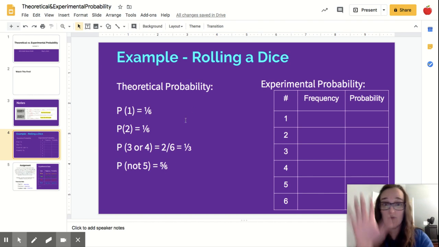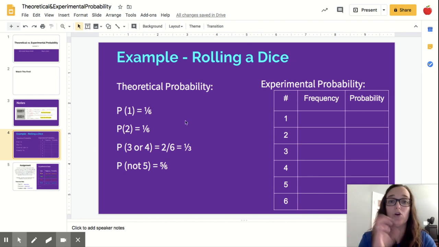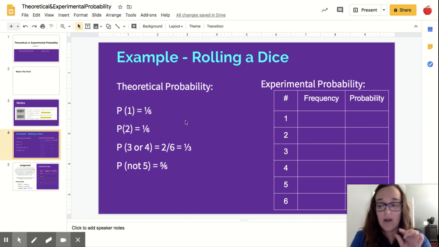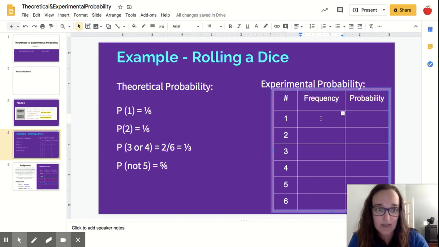Now, that's theoretical. That's in a perfect world based on the number of possible outcomes and the number of your event on your dice. Now, for the experimental, I rolled a dice 30 times, and I really did do this.